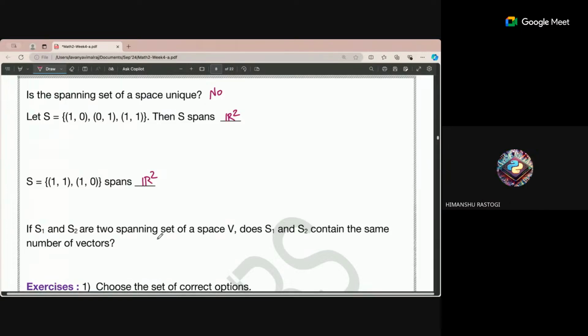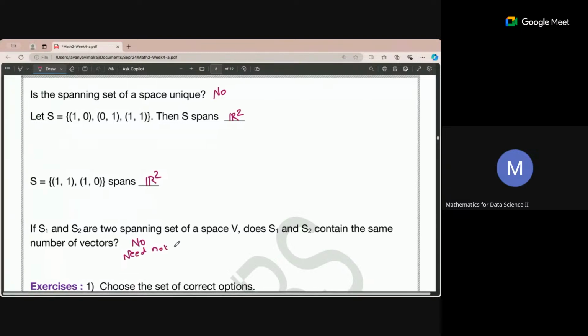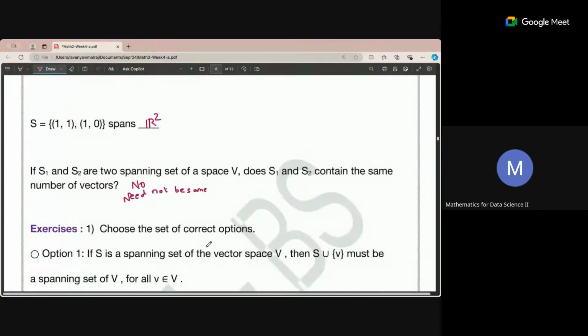Not always. Here itself we saw an example. These two are spanning sets for R2, but they do not contain the same number of vectors. So the answer is no, it need not be the same.